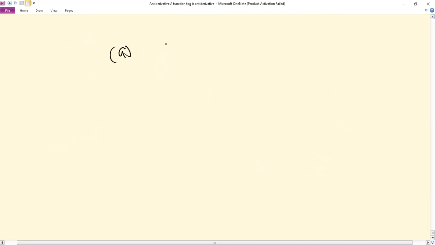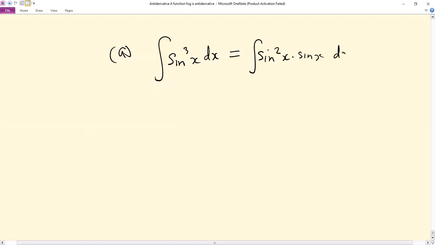So A is to integrate sine cubed x dx. So what we do, we break this one as the integral of sine squared x times sine x dx.